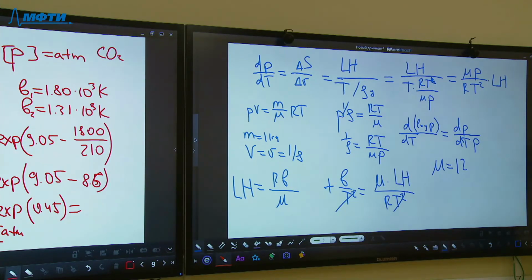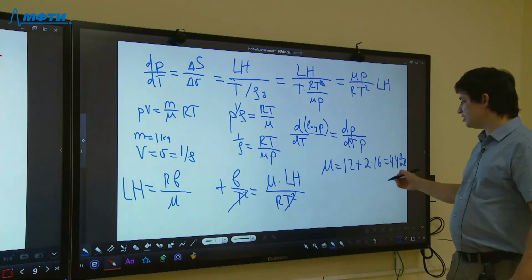So probably 1 mole is something which makes 12 grams of carbon. Oxygen has 16, but we have 2 atoms of oxygen, so that would give us 2 times 16, that is 32. 32 plus 12 would give you 44 grams per mole. Good. So now I can place it in here.